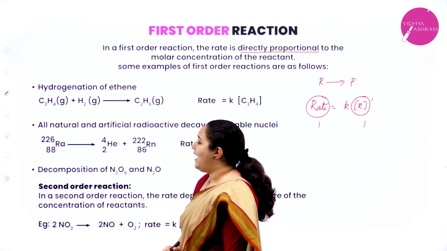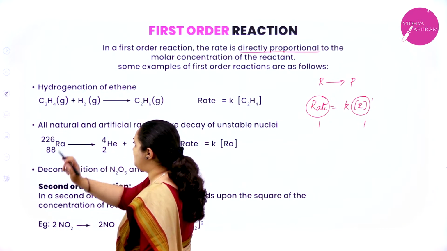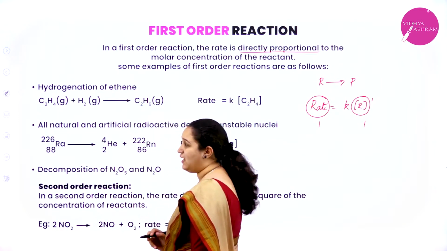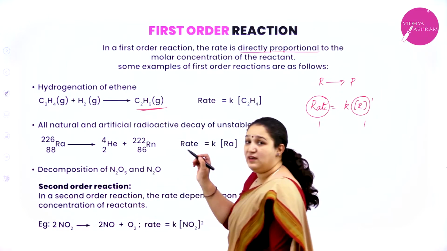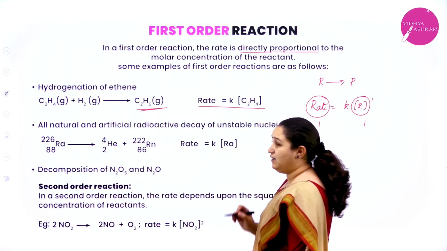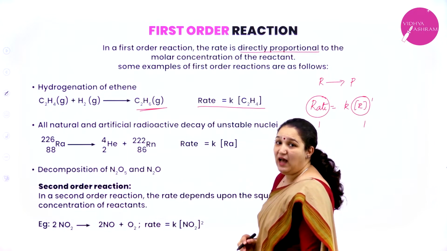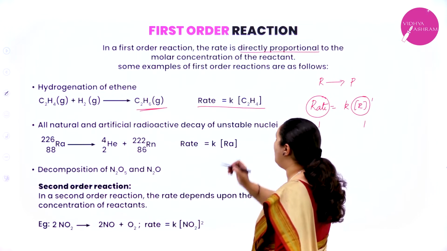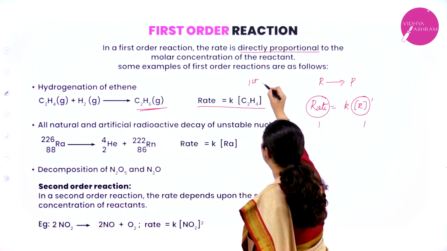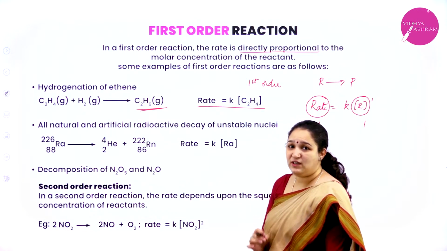First one is hydrogenation of ethene. So if we take C2H4 plus H2, hydrogenation to give C2H6. Here the rate expression is this, and this particular reaction follows first order kinetics, or it is a first order reaction.